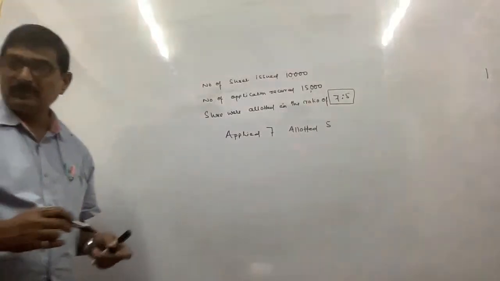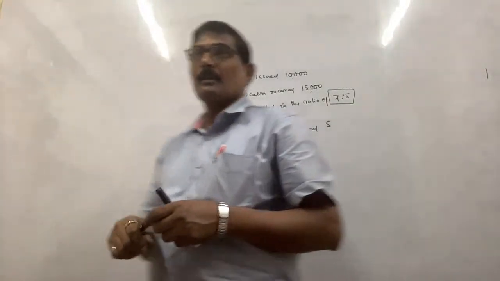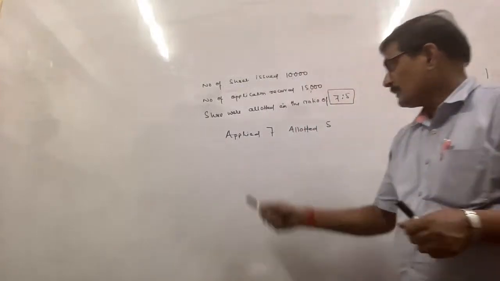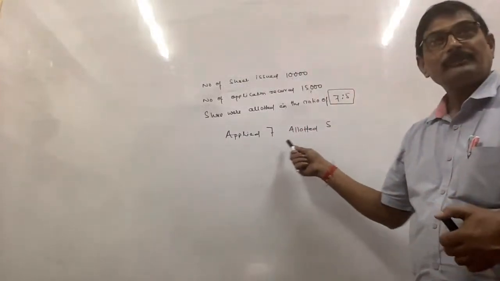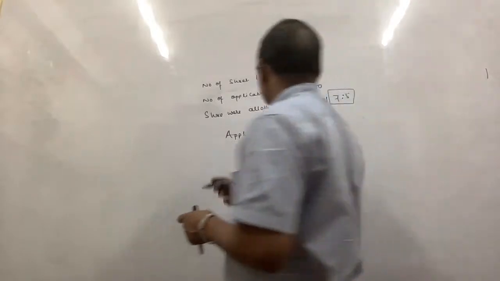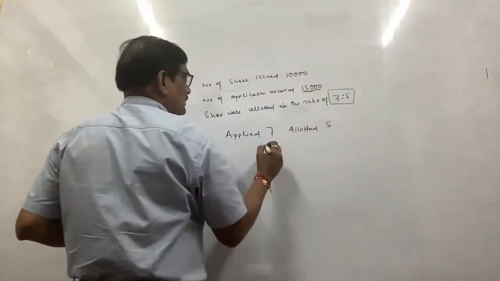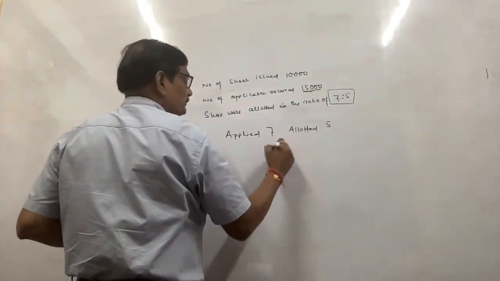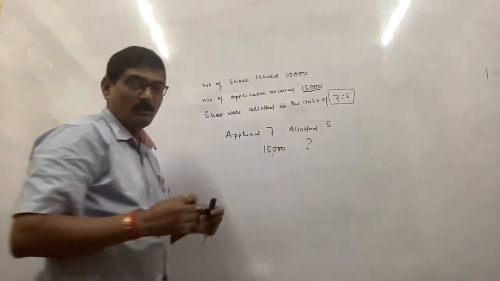Can you find out number of shares allotted? Find it out. When applied 7, allotted 5, and here we have received the applications 15,000, allotted will be how much?